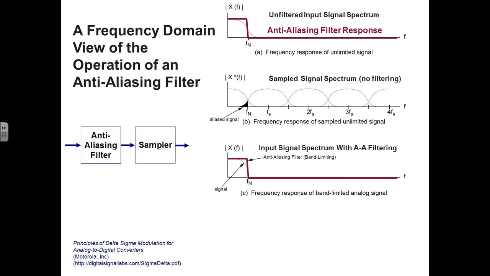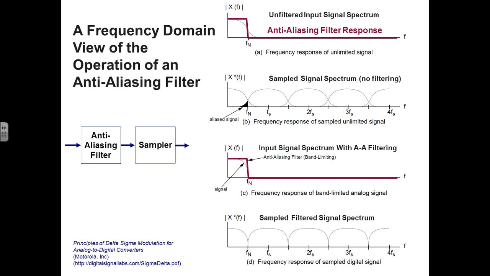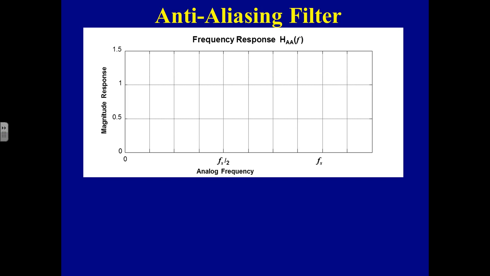Then when we put that same signal in, the anti-aliasing filter removes those parts of the frequency content that will alias and leaves alone the part that won't. Then when we do the sampling process, we don't get any overlap of the repeating spectra, and we have an ideally sampled signal that we can reliably recover without aliasing.